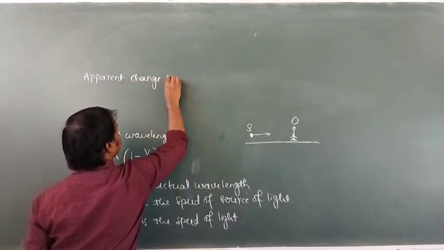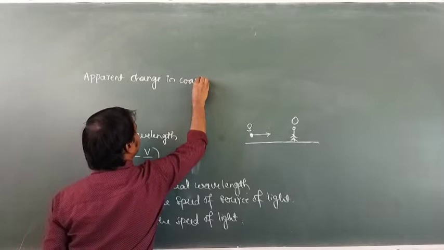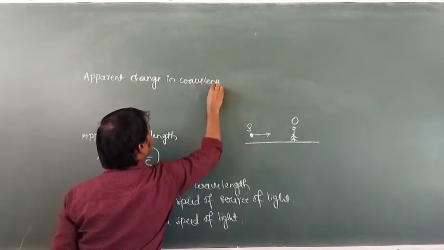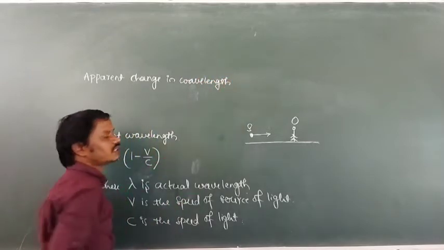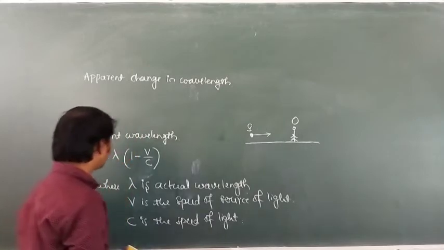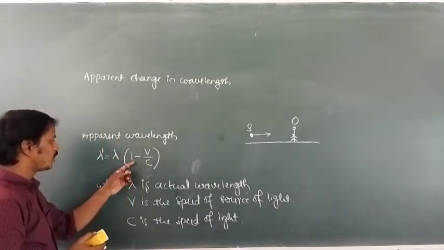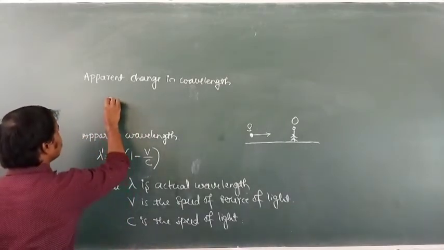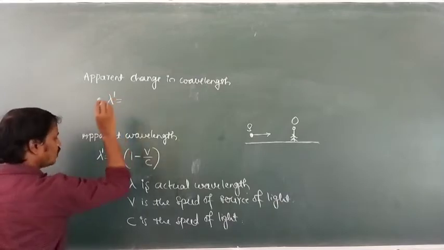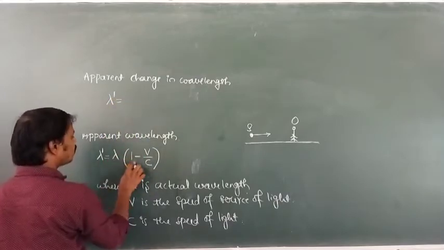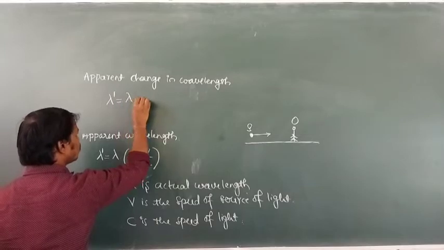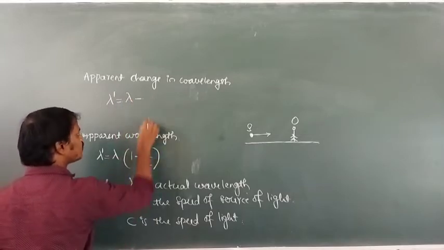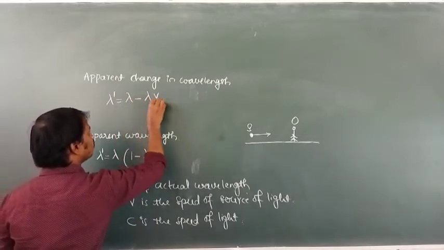What is the expression for the apparent change in wavelength? Let us multiply this bracket by lambda. Lambda dash is equal to lambda into 1, that is lambda, minus lambda into V by C.